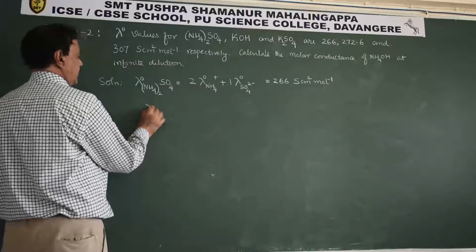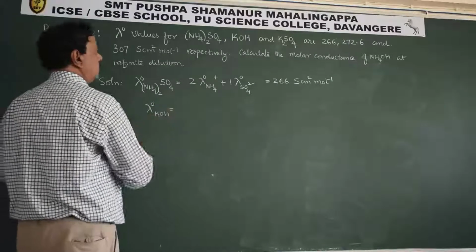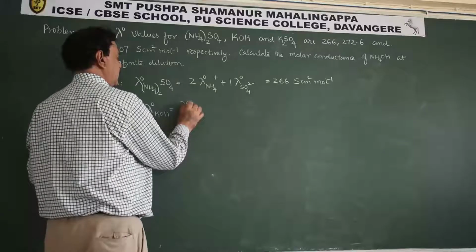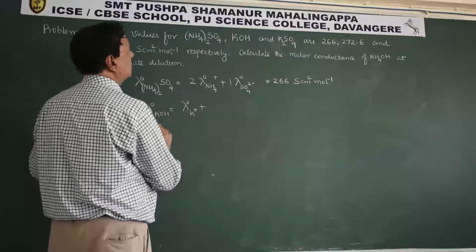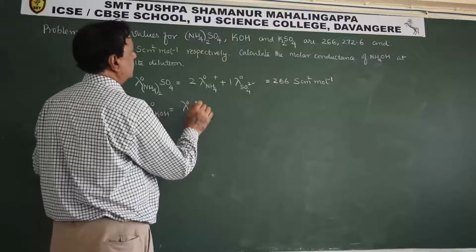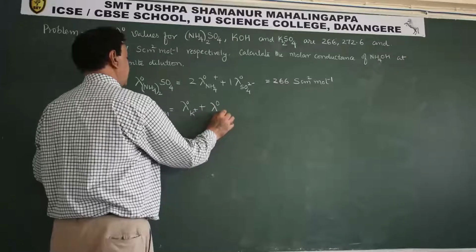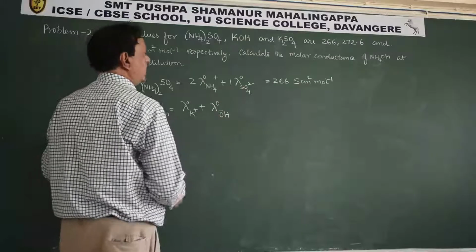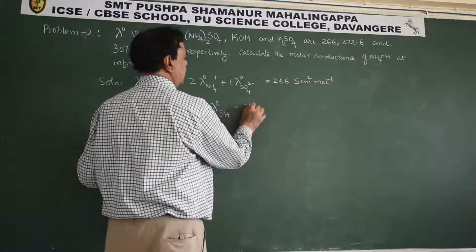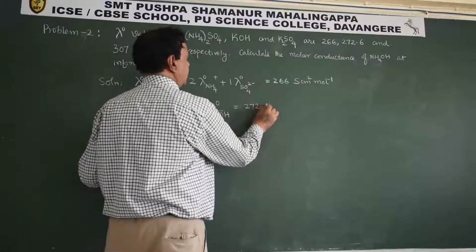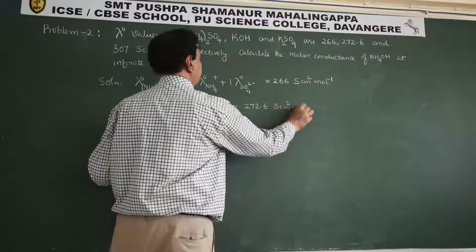And lambda naught of KOH is lambda naught of K plus lambda naught of OH minus, equal to 272.6 Siemens square centimeter per mole.